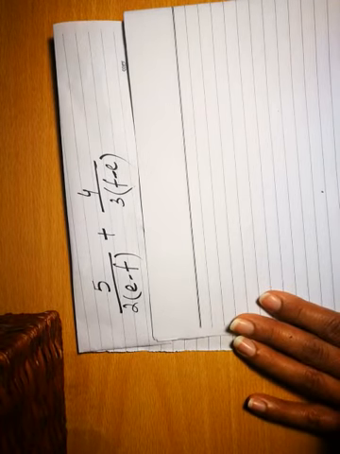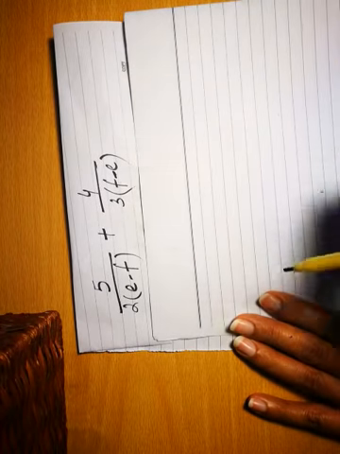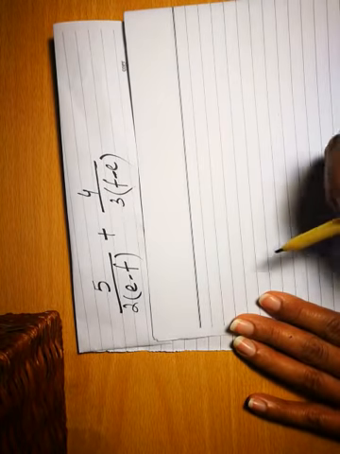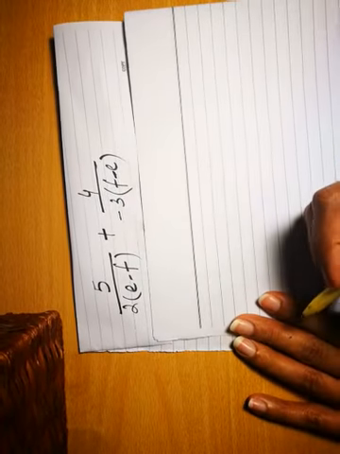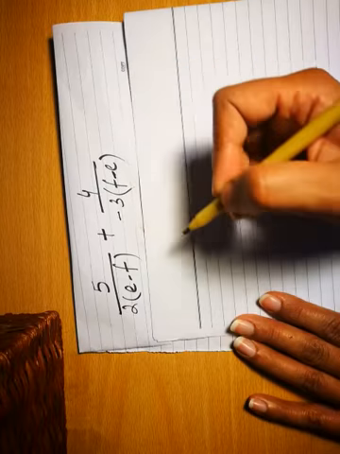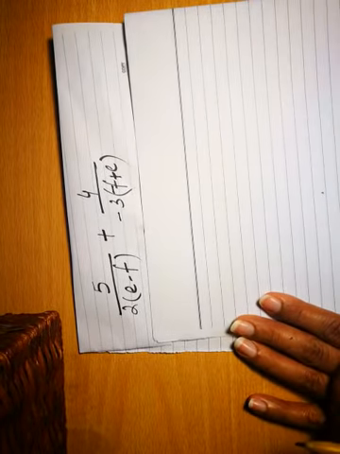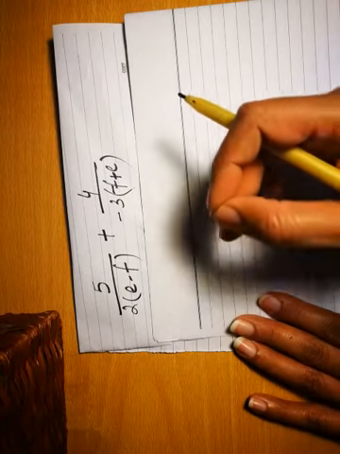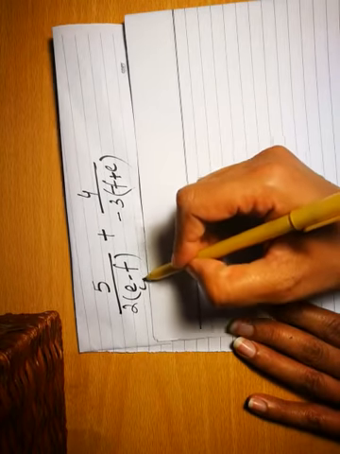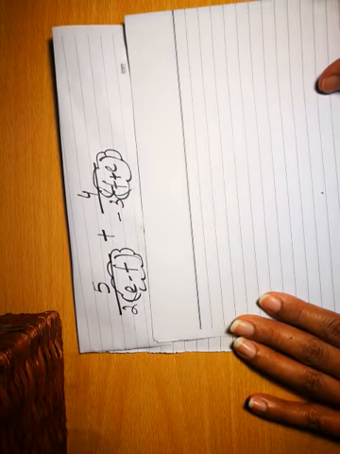If I am going to take negative common from this bracket, it will change the whole scenario. What will happen if I am going to take negative common? This negative which I have taken common will change the signs of the inner values. What does it mean? f will become negative, e will become positive. Just by taking negative common, you are having a common factor, and it will make your life easier.